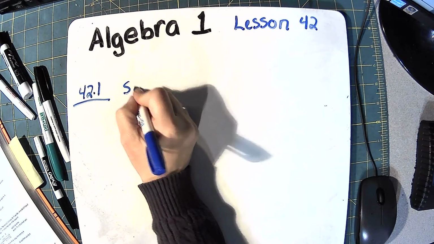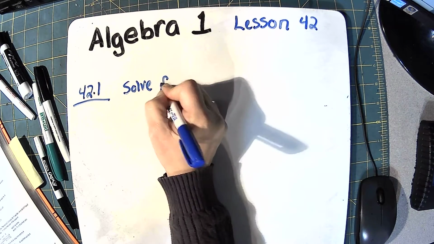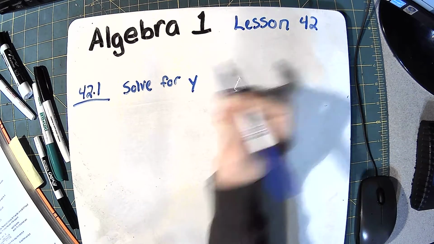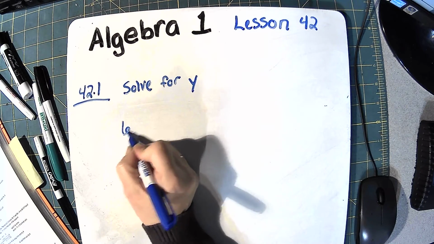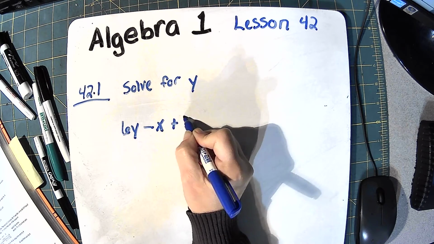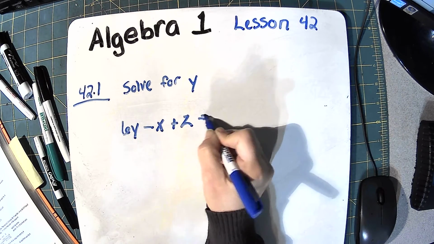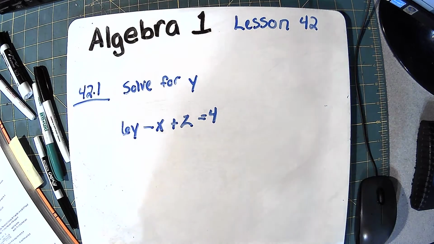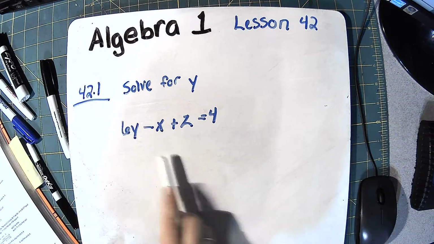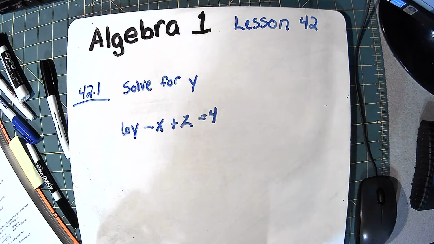Now this says solve for y, and then it gives us the problem 6y minus x plus z equals 4. Okay, these are actually really simple. All we have to do is rearrange this problem so y is the only thing on one side of the equal sign.